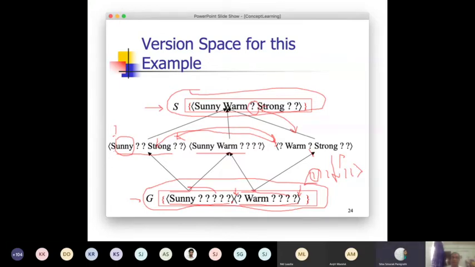Yeah, but the question is that there is a warm. Suppose there is a negative example, instead of warm, there is something else. Sir, there is strong in the specific one also, no? So if you take the specific and all other question marks, then it should also satisfy, because the specific one has strong in it and the specific one also has sunny, right?